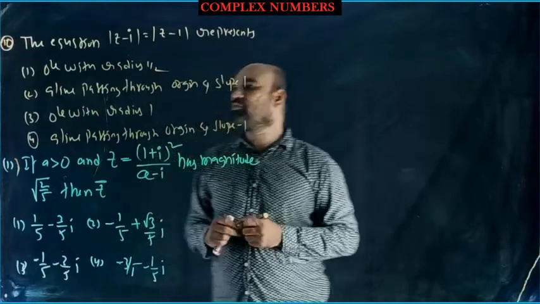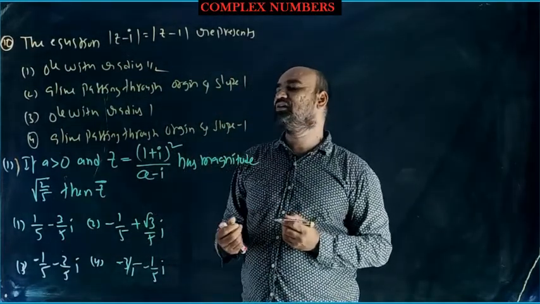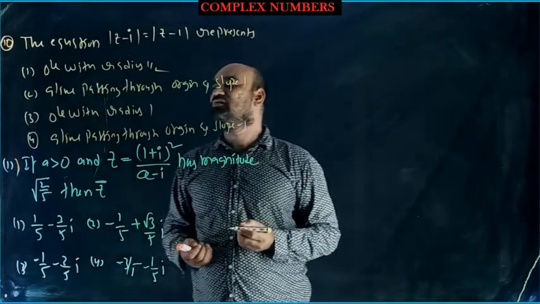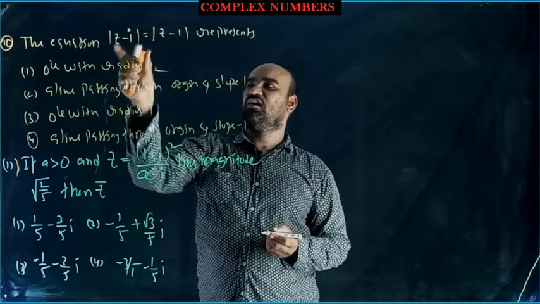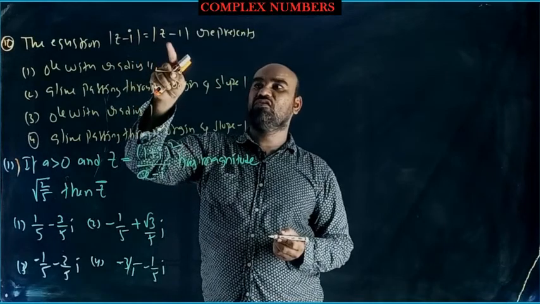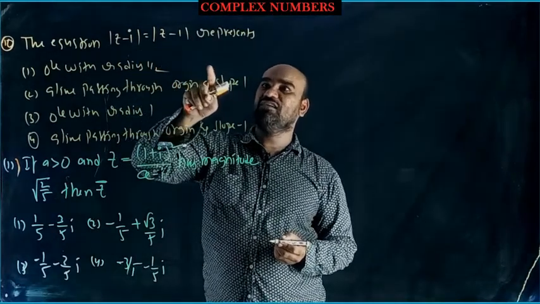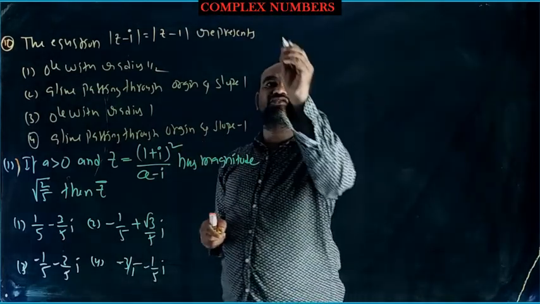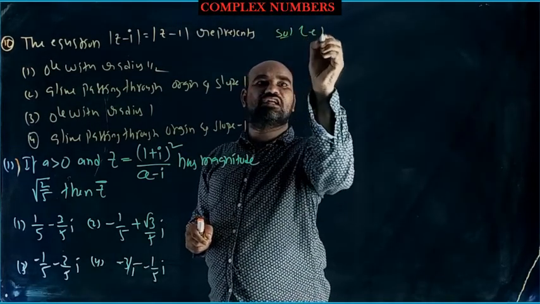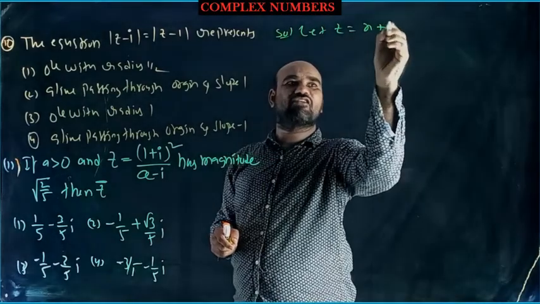Okay students, two more problems from previous JEE Mains. The first one: the equation modulus of z minus iota equals modulus of z minus 1 represents what? So we should find the locus equation. Solution for that problem: let z equal x plus iota y.